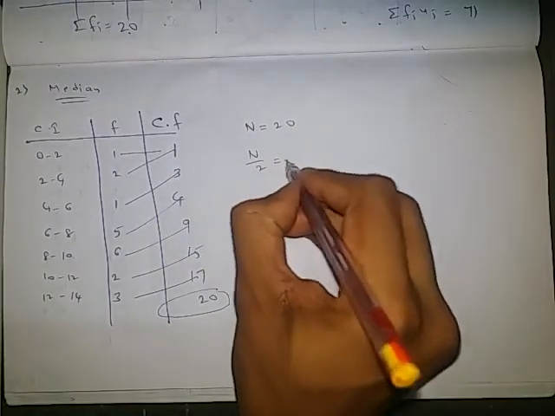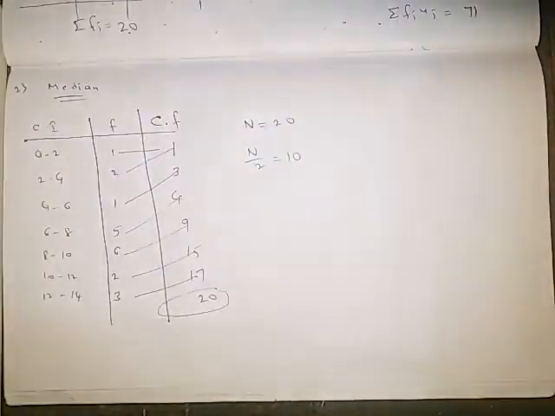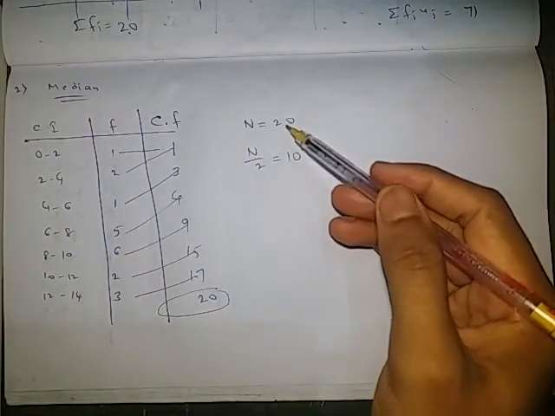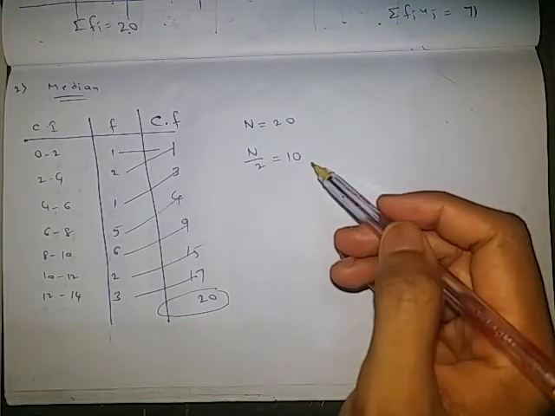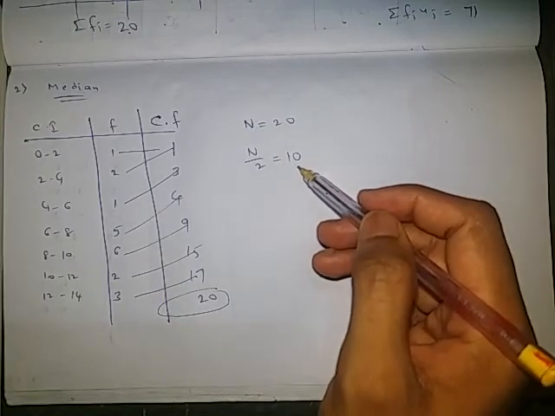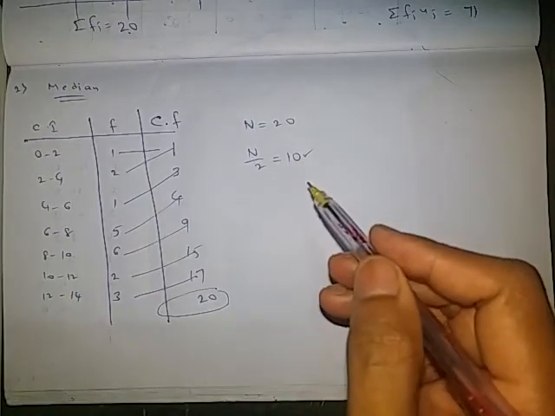N by 2 we need to find out. N by 2 is equal to 20 by 2. That 20 by 2 is nothing but 10. So now check this n by 2 value clearly, that is 10.